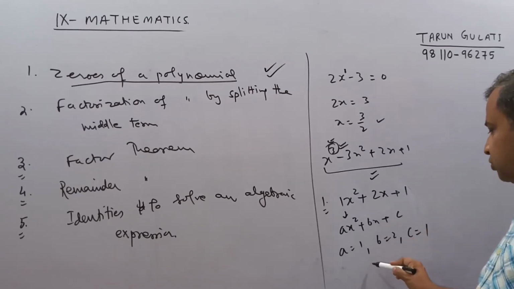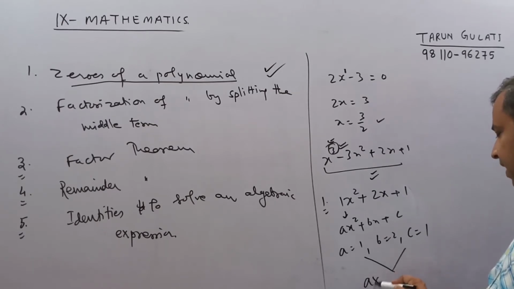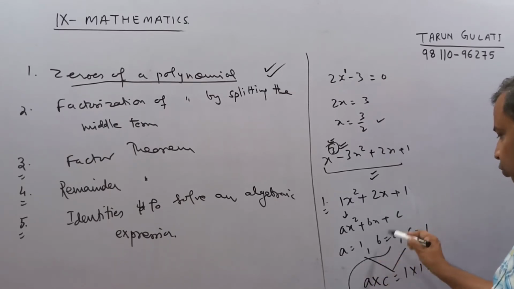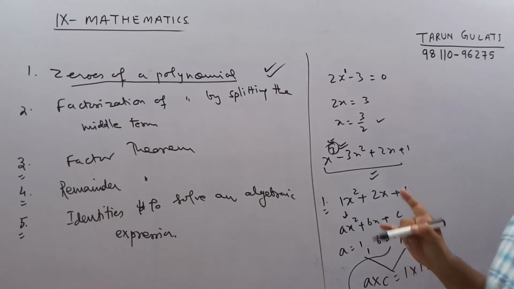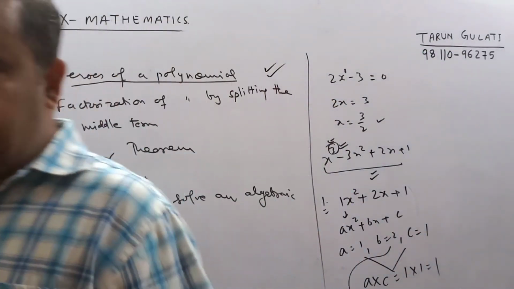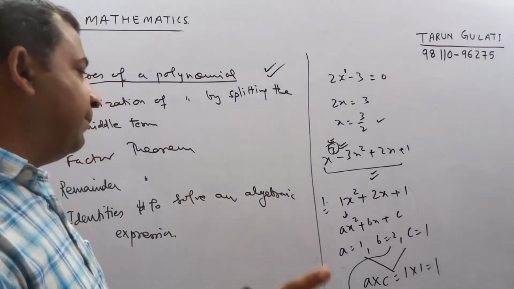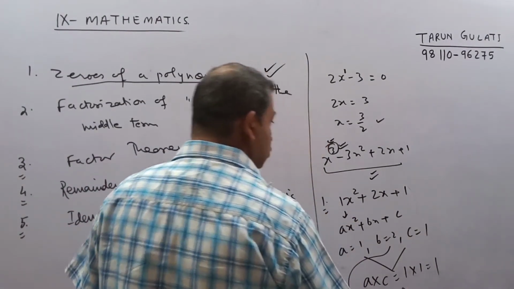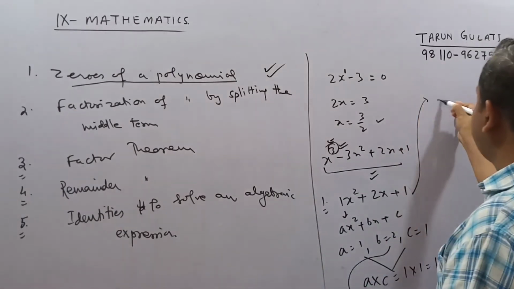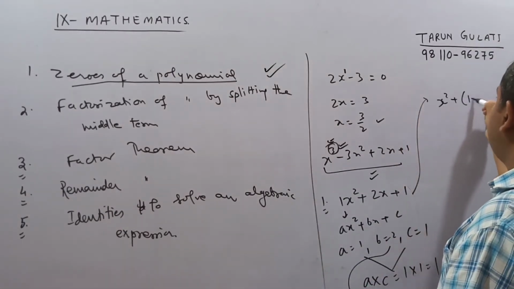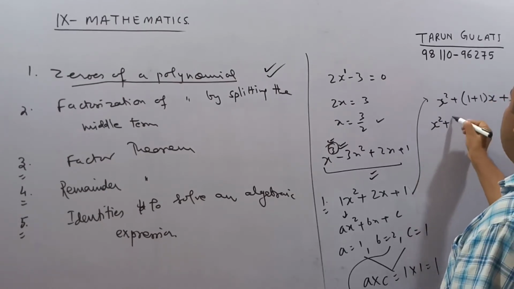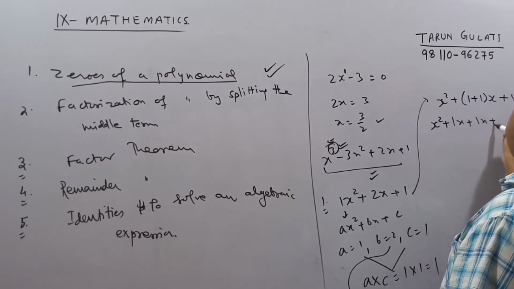In order to split the middle term, we have to multiply a into c, which is 1 into 1, that is 1. We have to split 2 in such a way that their sum becomes 2 and their product becomes 1. So it is 1 plus 1. The factorization is x square plus 1x plus 1x plus 1.